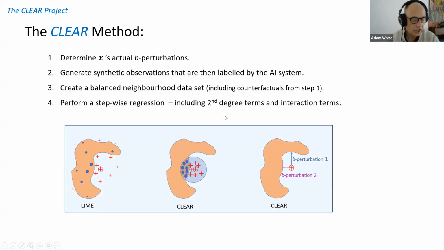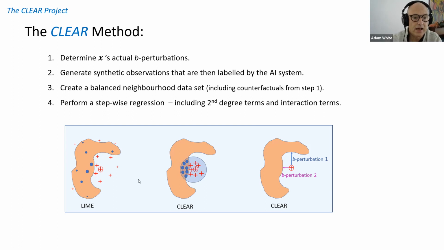Okay, so the CLEAR method begins by sampling from the AI system that's to be explained, to determine an observation's actual b-perturbations. Next, CLEAR generates synthetic observations and extracts from these a balanced neighborhood dataset.